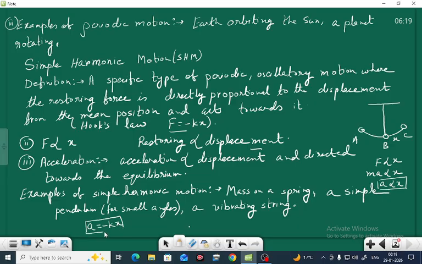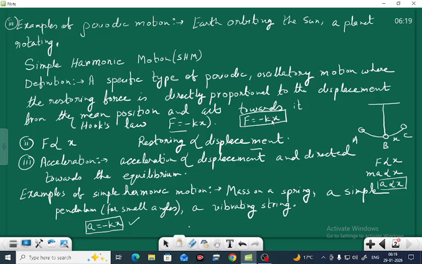But in periodic motion, there is no relation between force and displacement. So this is the main difference. Simple harmonic motion is a special type of periodic motion, where F equal to minus kx, or a equal to minus kx, is followed.